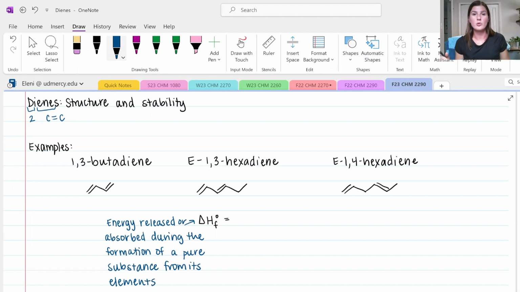So this is covered in more detail in general chemistry, but that's what the heat of formation is.